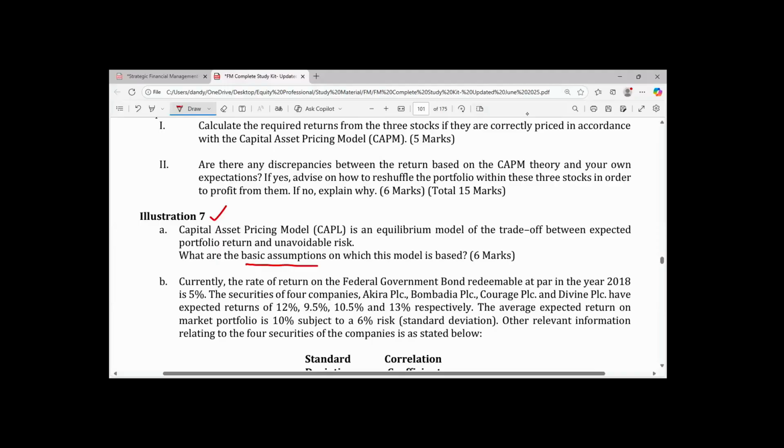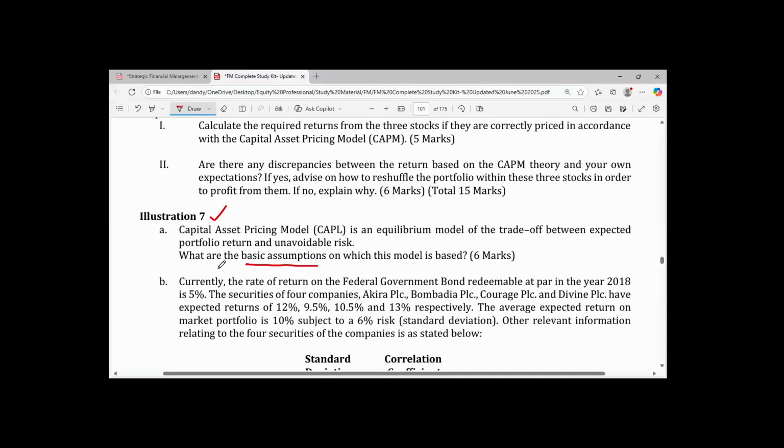Another one is that investors have homogeneous expectations. That is, all investors have the same expected return. Your expectation is to maximize your return. So the assumption says that investors have homogeneous expectations. So these are some of the underlying assumptions of the capital asset pricing model.